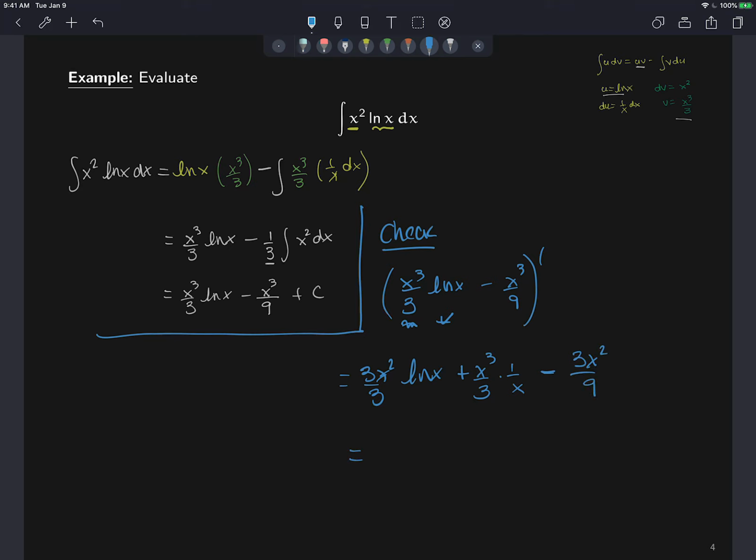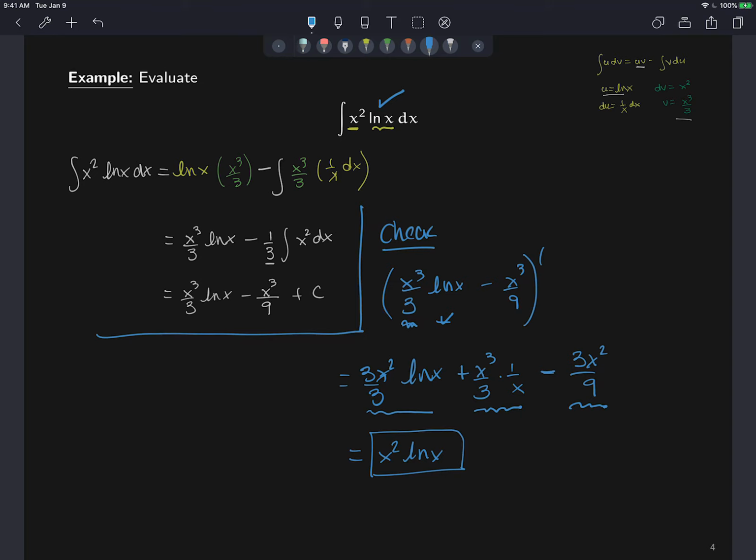So see what happened. In this part, I get x squared natural log of x. This is really 1/3 of x squared, but this is also 1/3 of x squared with a negative. So they cancel, and this is my answer, which is what I wanted. So this did work fine for my derivative.